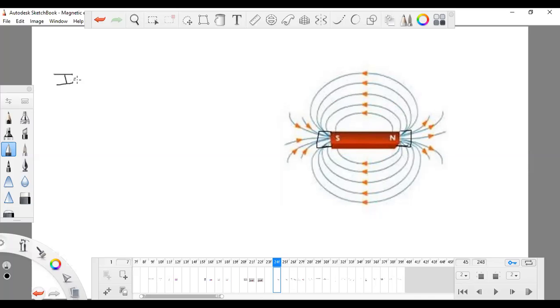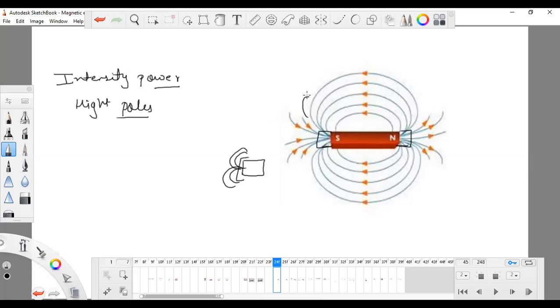So we can say the intensity, or the power, of magnetic field lines is very high at the poles, because you can see that all the magnetic field lines originate from only this area. Even if we draw 1,000 magnetic field lines, they have a very restricted originating area, that is this area. That's why the poles have a very high magnetic field.